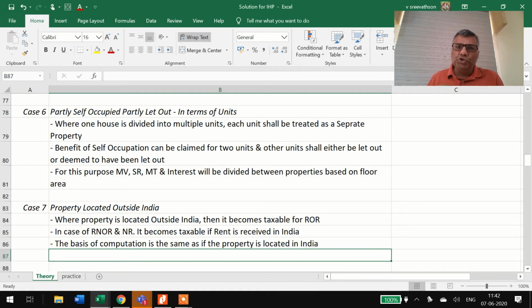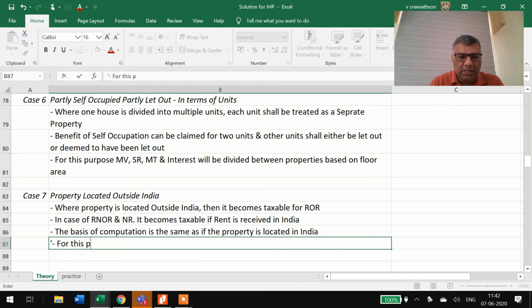Actually these are now available on the open net itself. So I will obtain the MV, FRV, municipal taxes. SR might not be there. The basis of computation is the same as if the property is located in India. I will get all these details and compute.